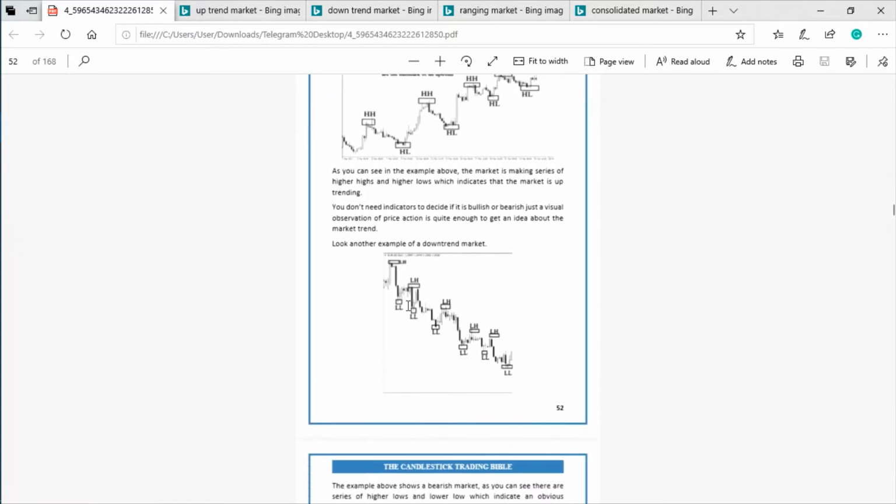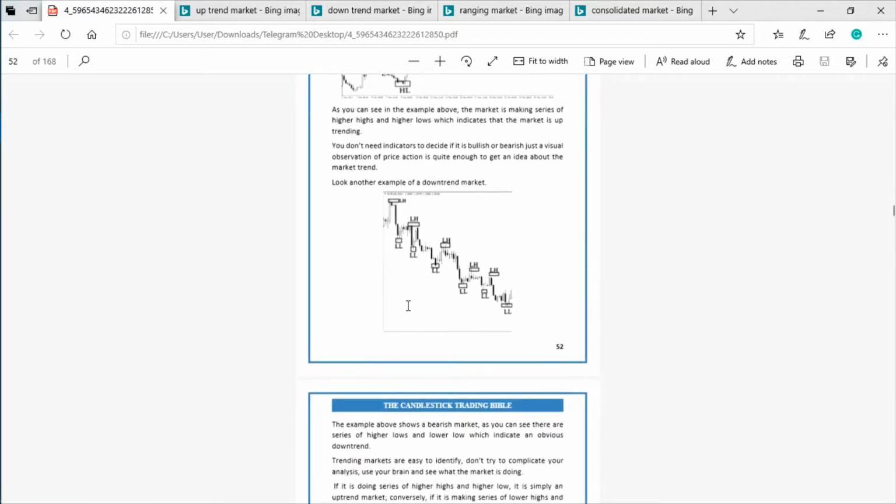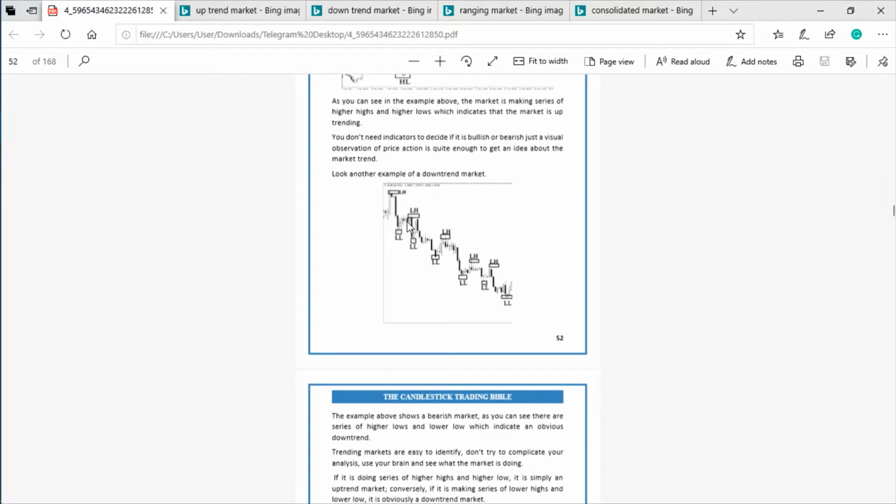Then we have the downtrend. You determine the downtrend in the same way, but now you'll be forming lower highs and lower lows. You don't need to have all this mastered, but you need to understand how the market structure will form. Because when it comes to the Forex market, the market doesn't just move in a certain direction.